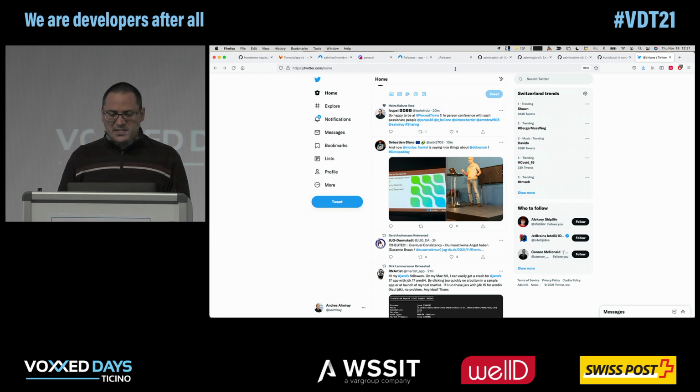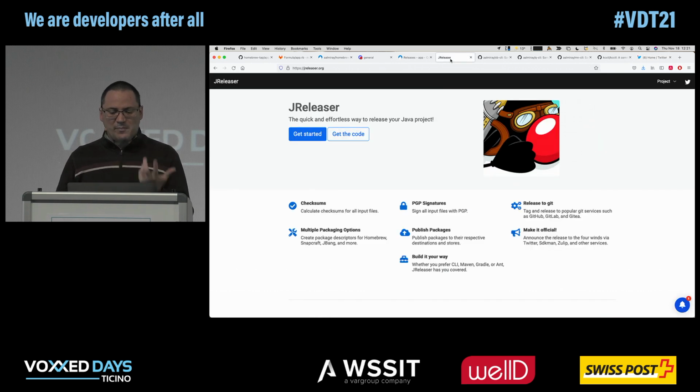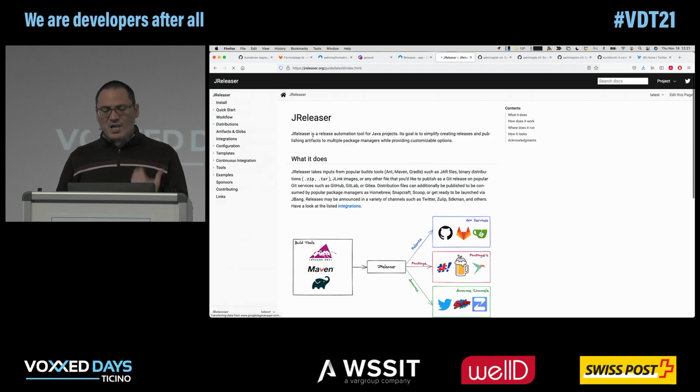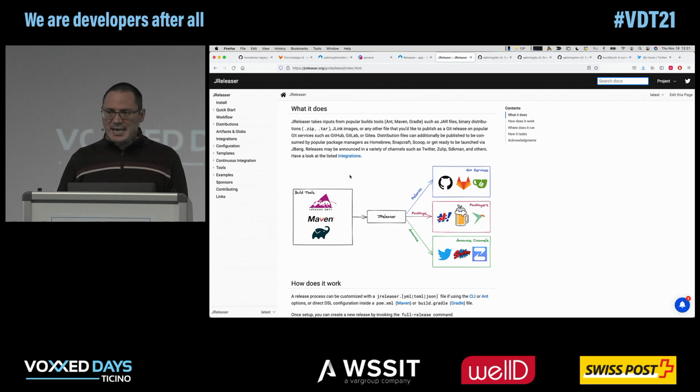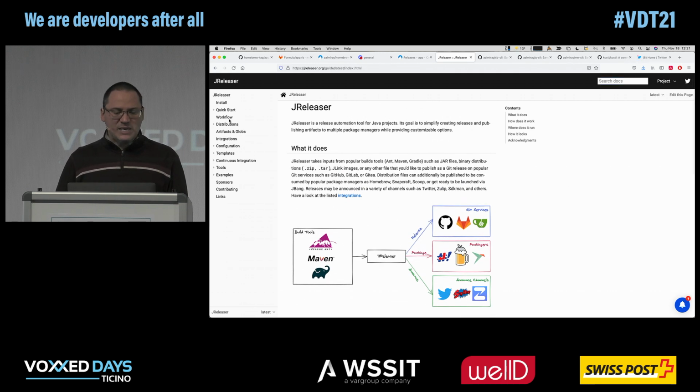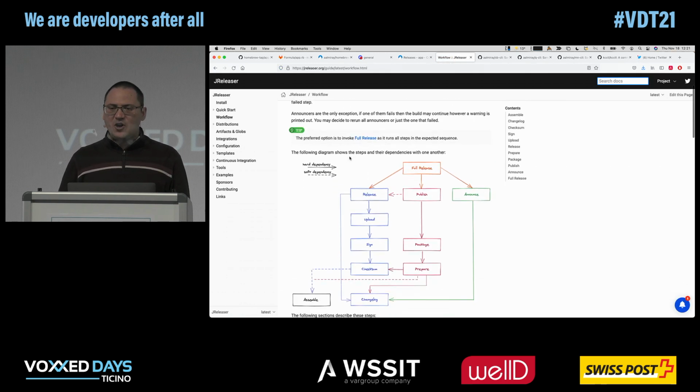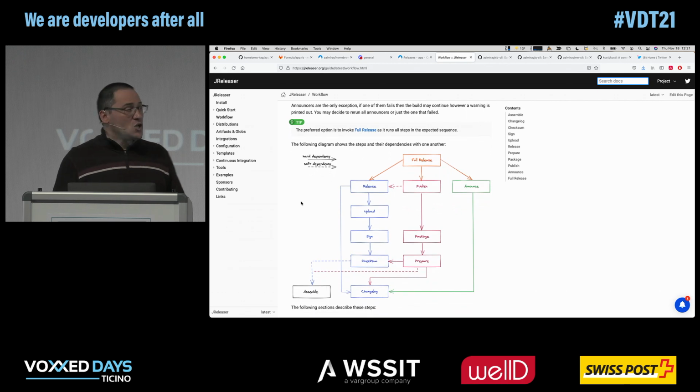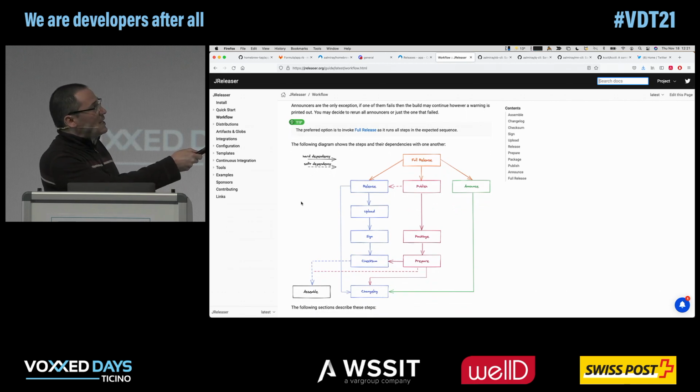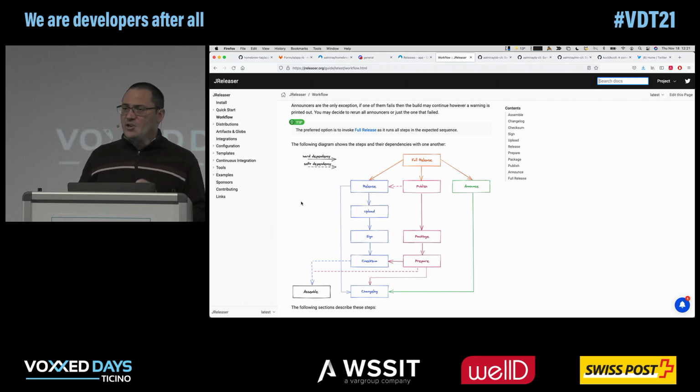There are a few other things that we have. For example, the project is hosted at JReleaser.org. And if you navigate to this documentation, here it explains what the tool is. It also explains all the different commands that you have access to. So far, we only saw full assemble and release, but you can invoke any other command separately from one another.